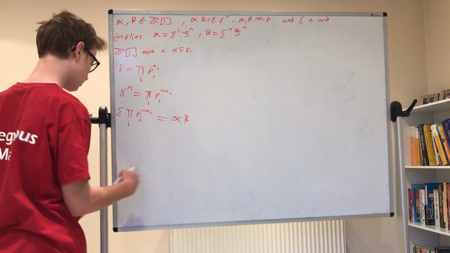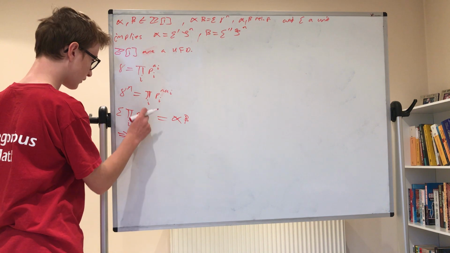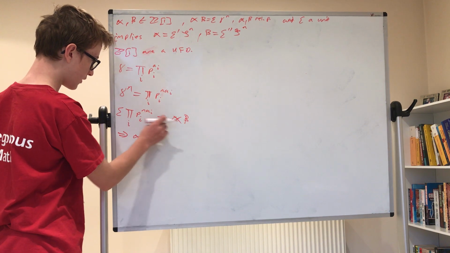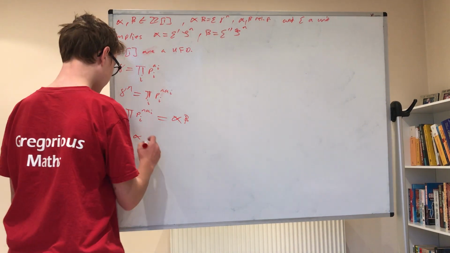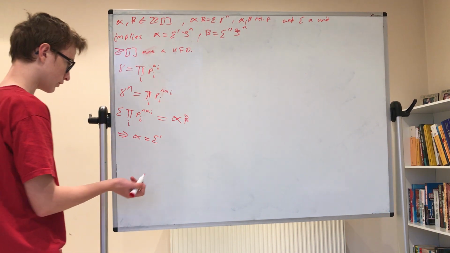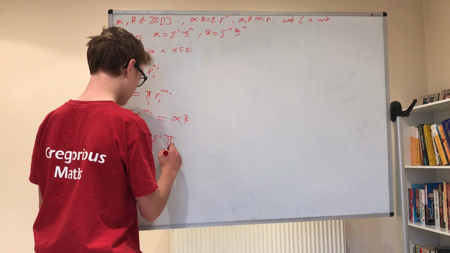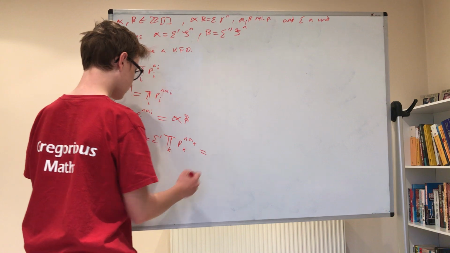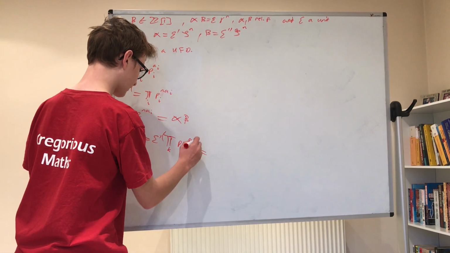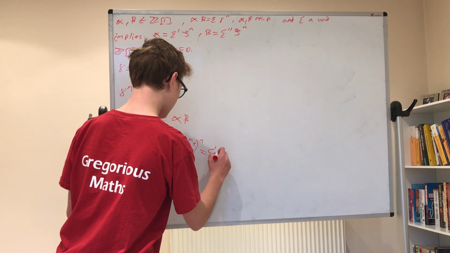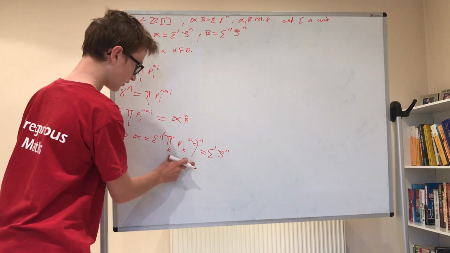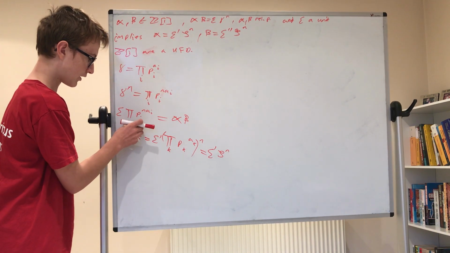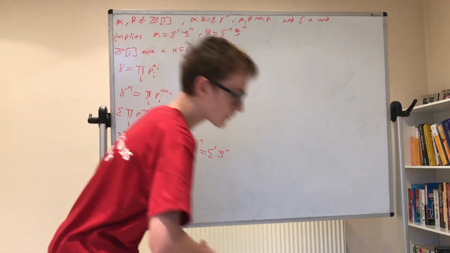And so therefore, we have it that alpha, and remember, because of this n right here, it's going to be a power of n. So alpha is going to be epsilon prime, some unit, times a product over k of pk to the ak, which equals, and actually I'm going to put this n on the outside of the product, epsilon prime times some zeta to the n, because this is a new unique factorization of some different number. And this k doesn't have to be in the same order as that. You can rearrange the primes, it's fine.